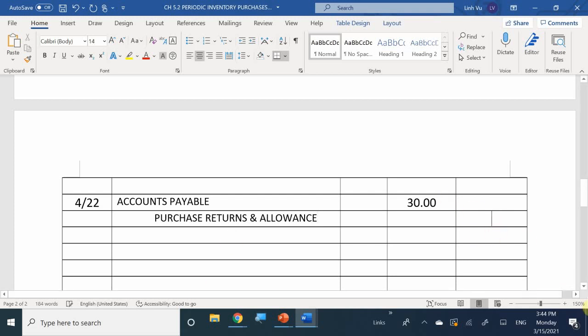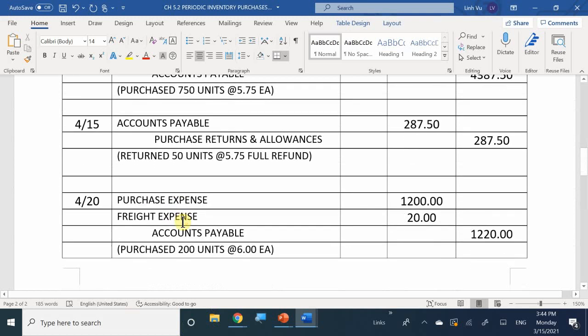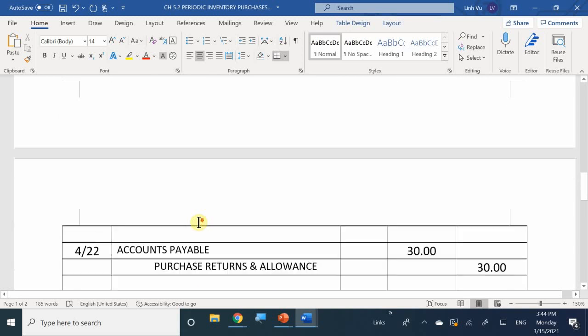And it is correct for the $30, right? So 20% off of the 25 times 6. We're going to take the previous one because in this shipment, we received 25 of them that were the wrong color. So in this case, we're looking at the unit price of $6 each.